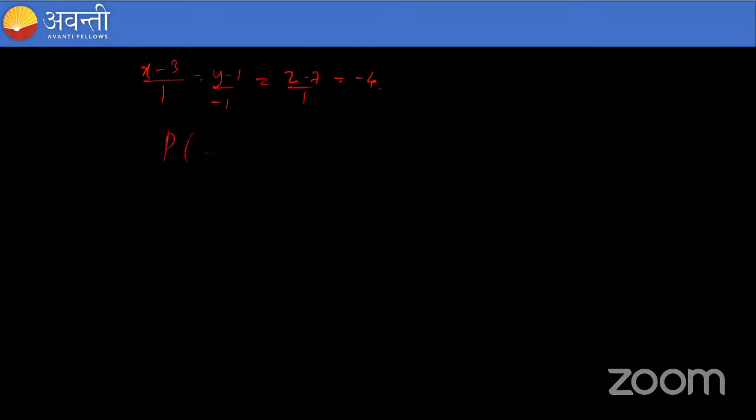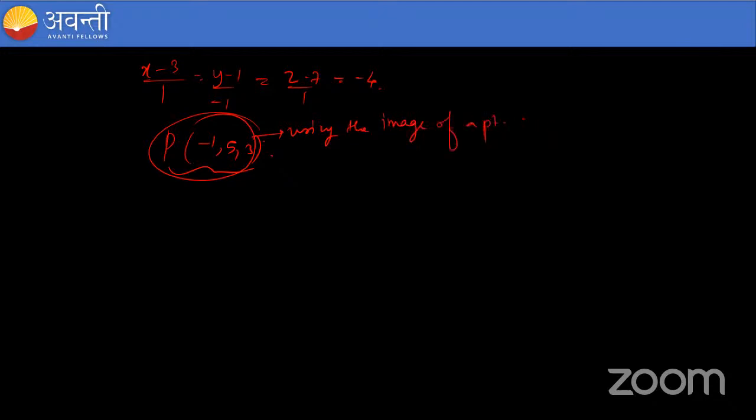So the point P will come out to be (minus 1, 5, 3). So we have found the coordinates of P by using the image of a point formula. Right, guys?